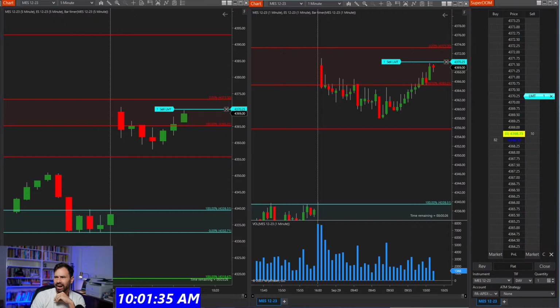Tick chart is not very bullish, and advanced decline has very shallow candles to the upside. Very shallow candles to the upside.